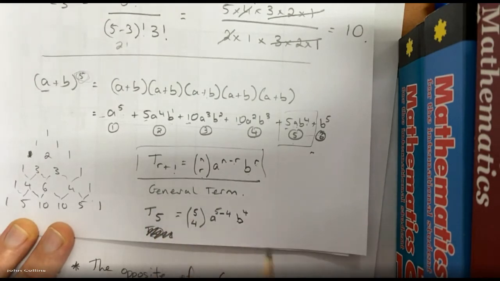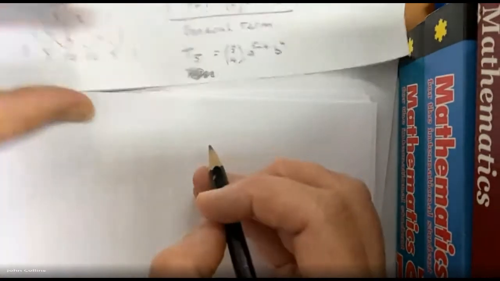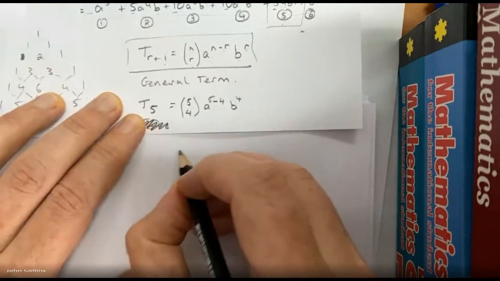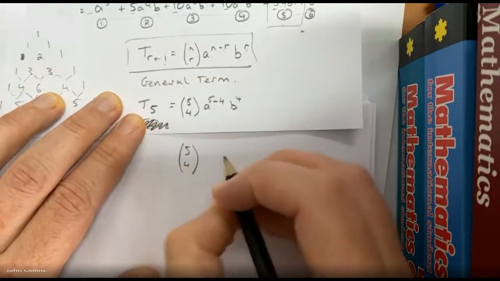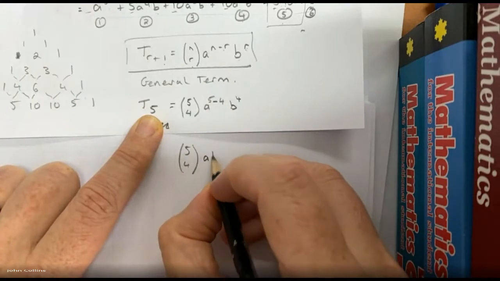The fifth term in this sequence is going to be then, I'll put it on the next page actually, because I'm running out of space. The fifth term of this sequence is going to be, I'm still kind of semi-ignoring this bracket thing, and I'll come back to that in a second. So I'm just going to write 5, 4 like that. And then it's a to the 5 minus 4, which is 1, and b to the 4.